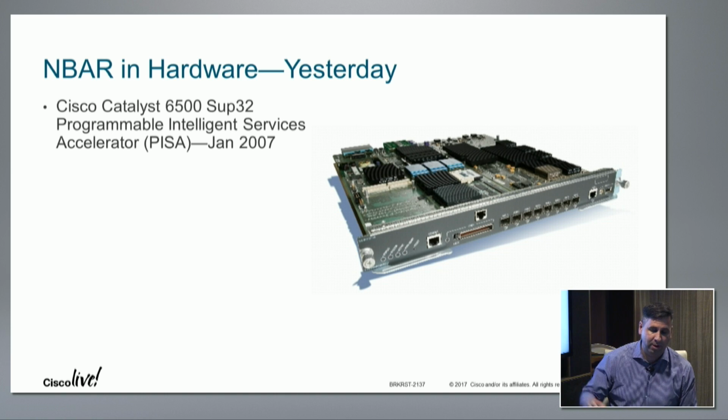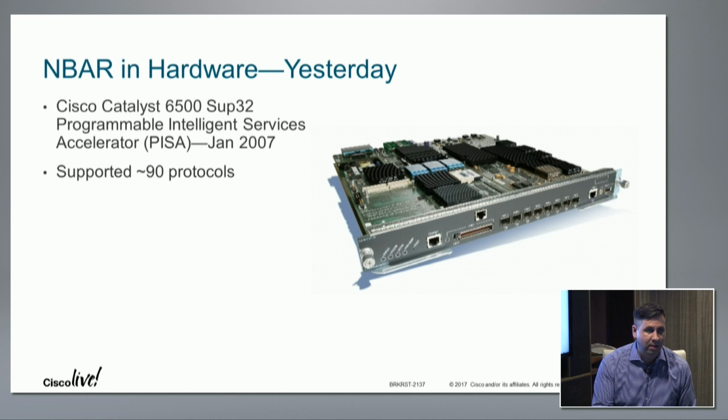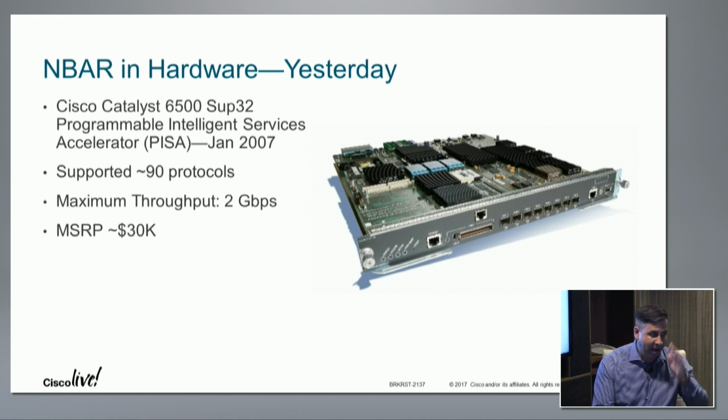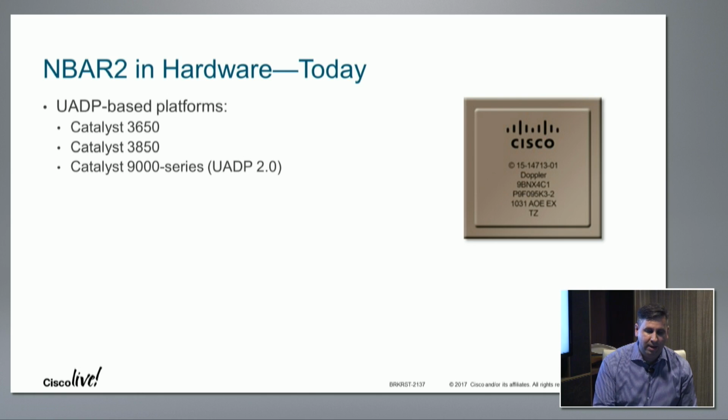But this was the last time we put NBAR on hardware. Supported 90 protocols. More than half of them were static, like TCP, UDP ports or IP protocols. Maximum throughput 2 gig, and MSRP, as best as I can remember, and I can't find it anywhere else, about 30K. Now we do NBAR on Doppler ASICs.